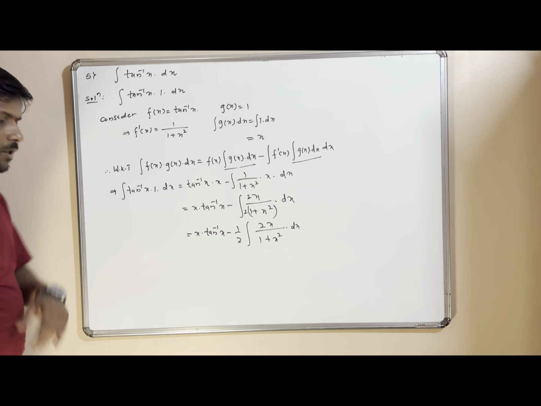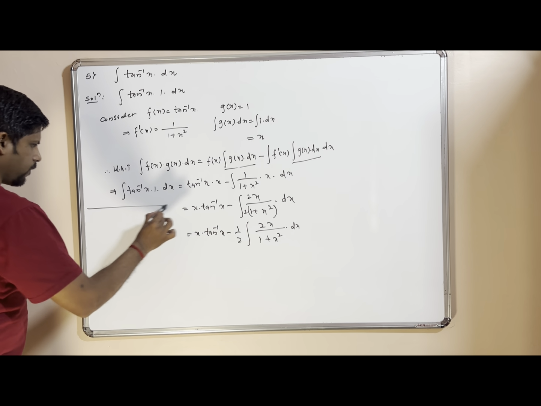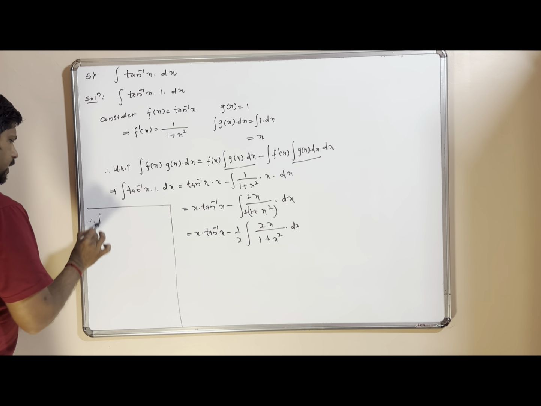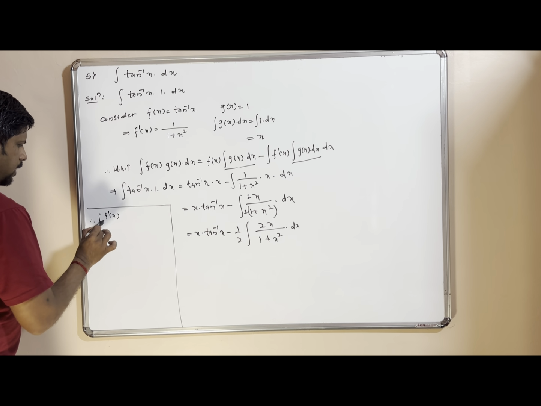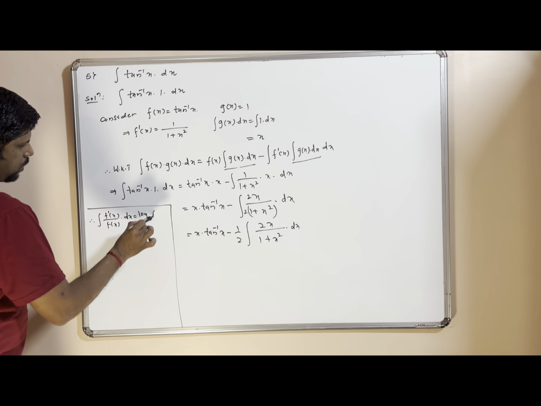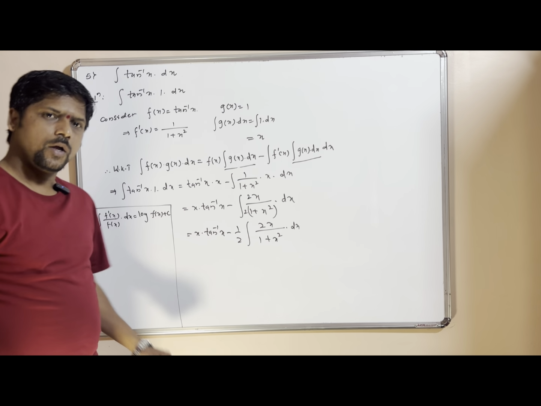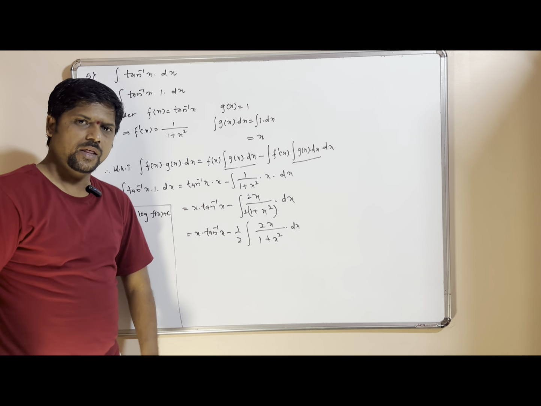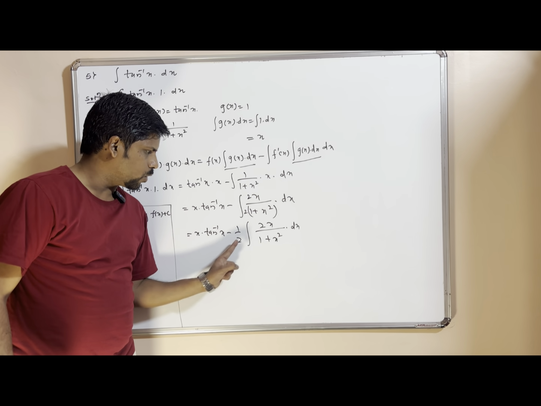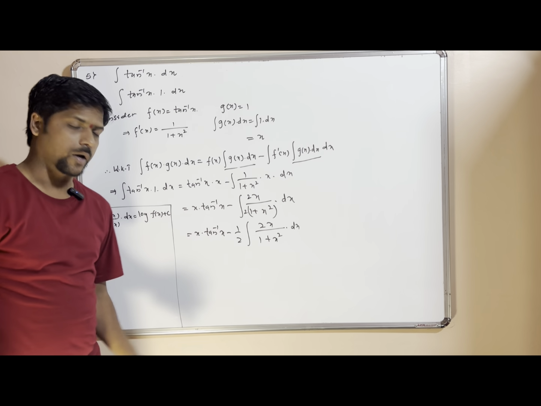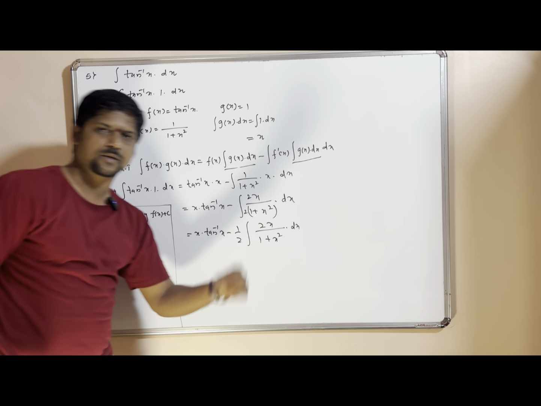adjusting the formula. We know that integration of f dash of x divided by f of x into dx is equal to log of f of x plus c. Converting to this form, I multiplied numerator and denominator by 2, so therefore took 1 by 2 outside, numerator 2x divided by 1 plus x square, because 1 plus x square differentiation is 2x, right?